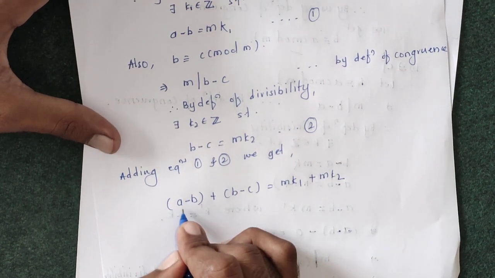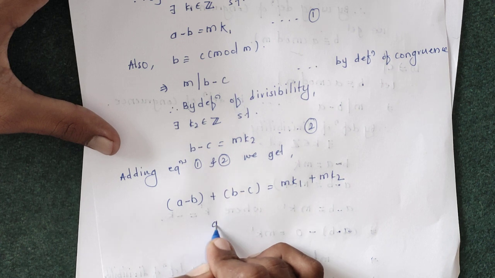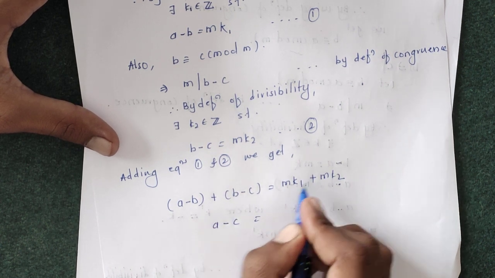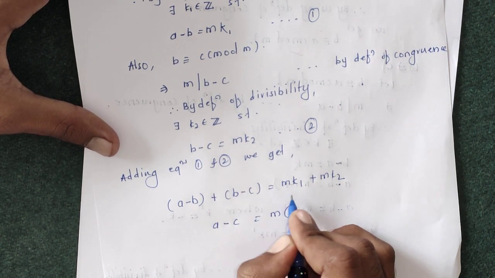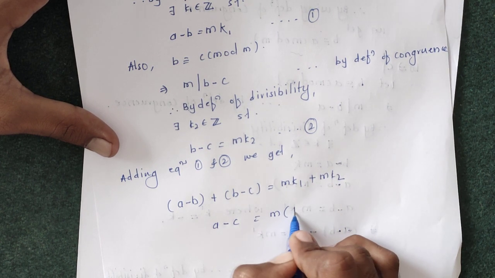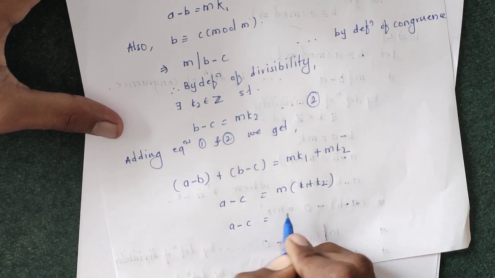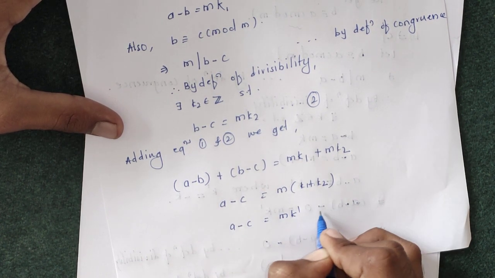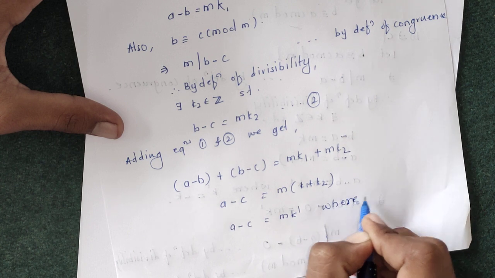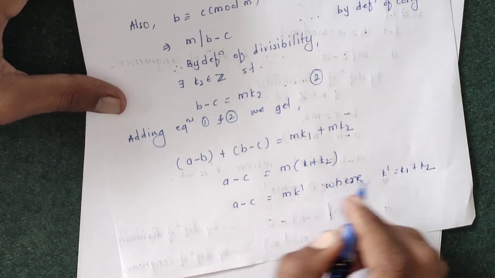Simplifying, b gets cancelled and a minus c remains. Taking m common from both, we get a minus c is equal to m into k1 plus k2, which gives us a minus c is equal to m into k prime, where k prime is equal to k1 plus k2.